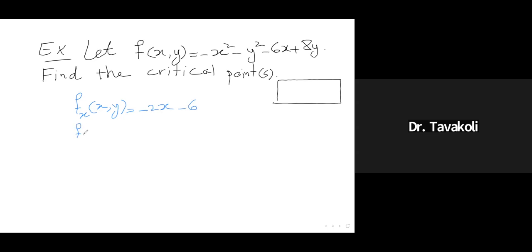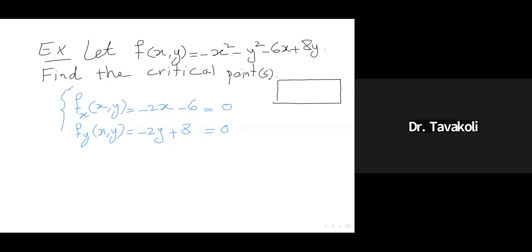The first derivative with respect to y is minus 2y plus 8. I set both of these equal to 0, because if I want to have a critical point, both of these must be 0.